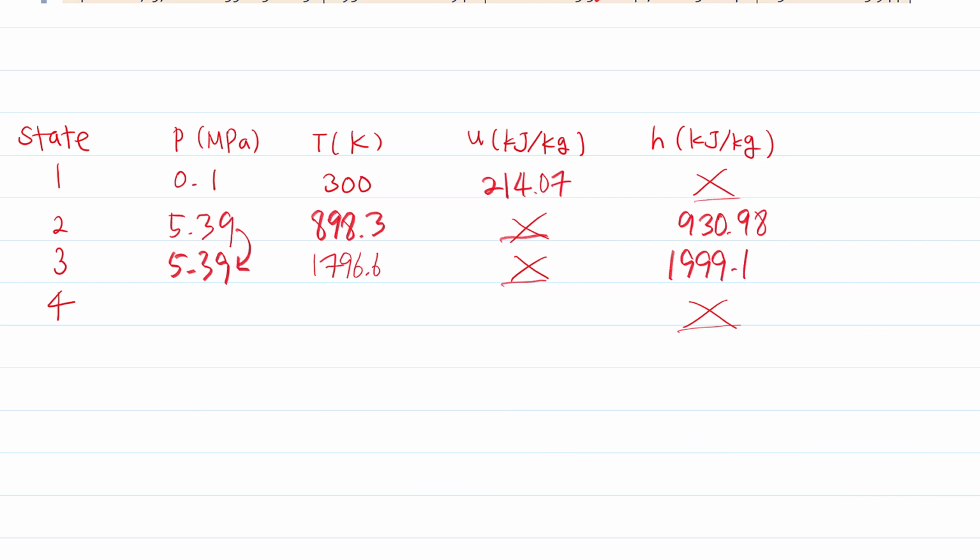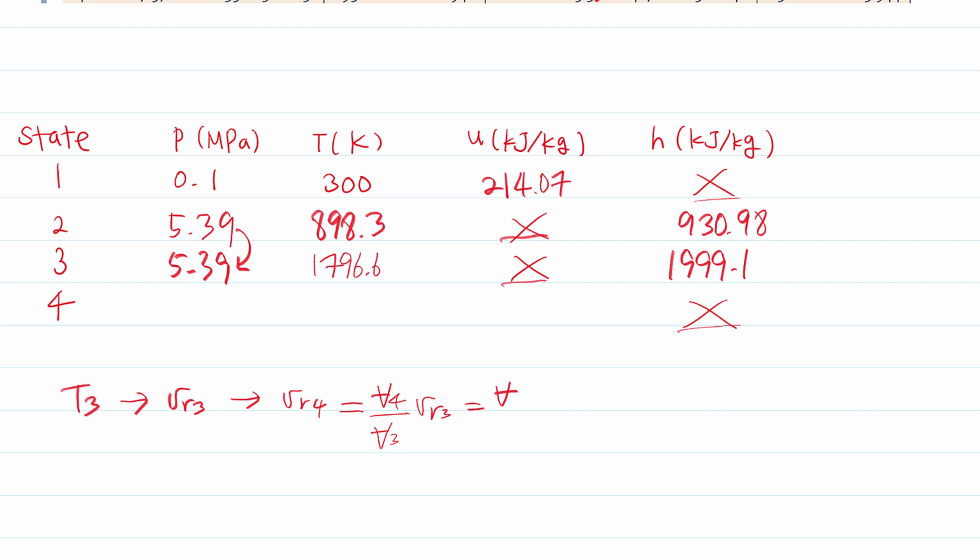At state 4, we'll use both the compression ratio and the cutoff ratio to determine the temperature at the final state. From the temperature at state 3, we can determine the relative specific volume, vr3. From vr3, we can determine vr4, which is V4 over V3 times vr3.